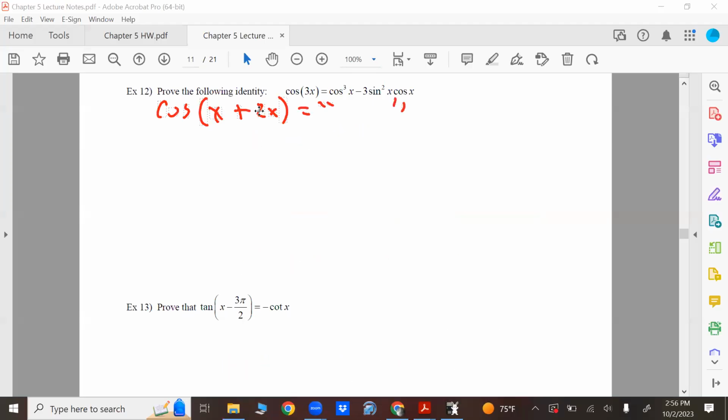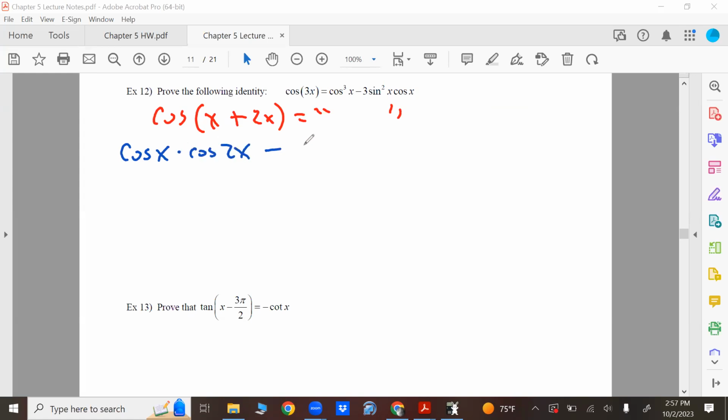This is 1 plus the other over 1 minus. There's the plus minus and then there's minus plus. So on the top they add each other. Cosine 2x would be tangent x minus tangent of the 2.